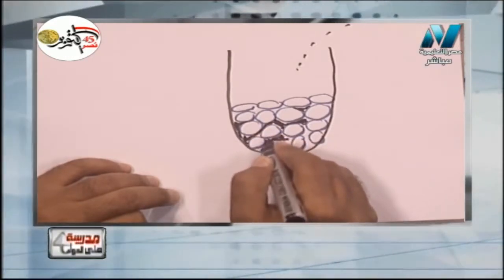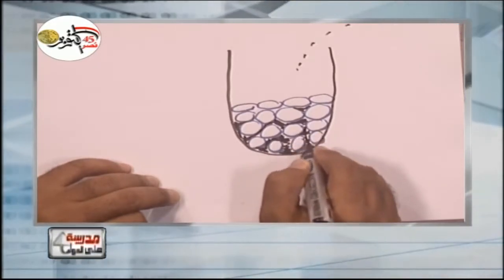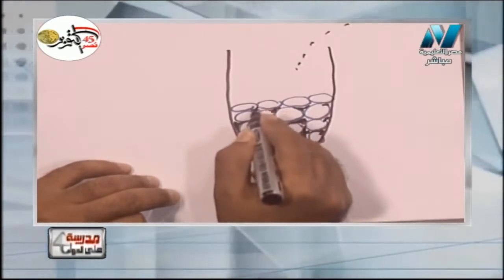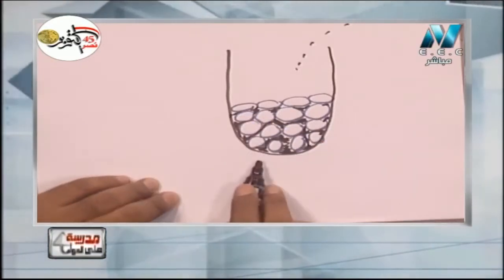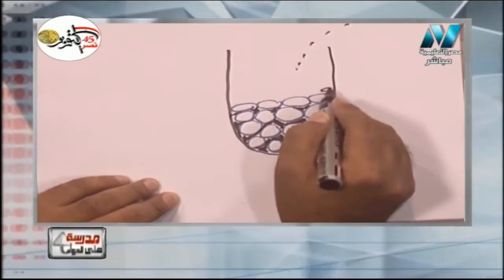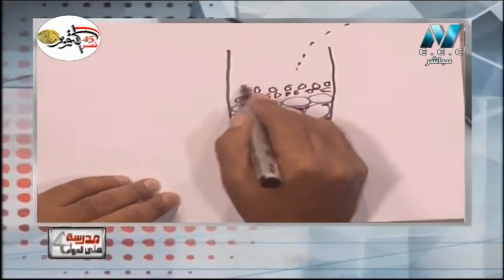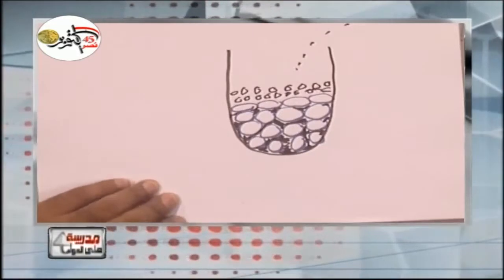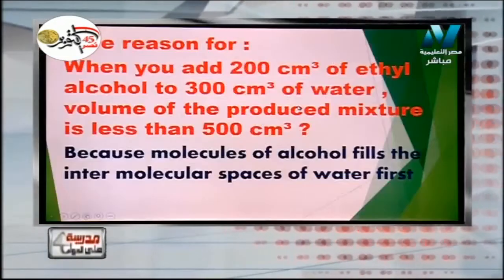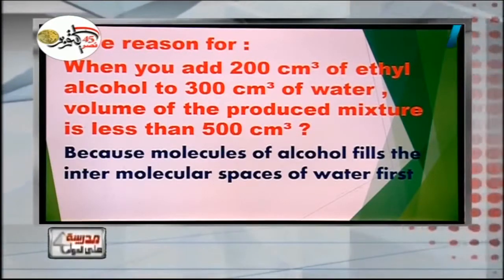So this amount will not appear as increasing in volume of the produced mixture. We can't feel increasing here, but after filling all intermolecular spaces of water, now we can see the increasing in volume of the mixture. So the answer will be: because molecules of alcohol fill the intermolecular spaces of water first.